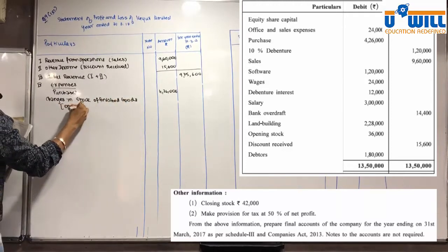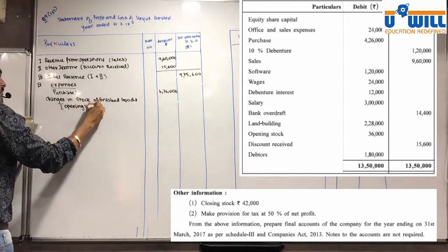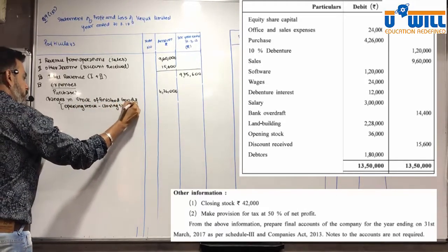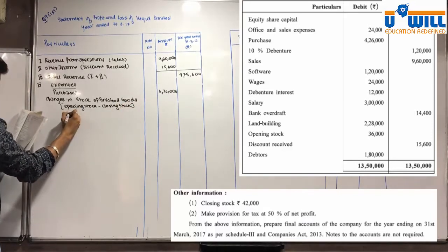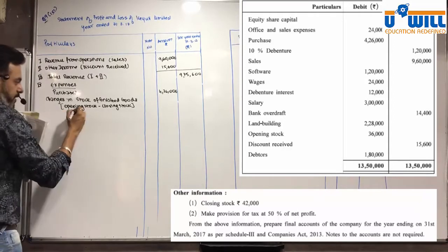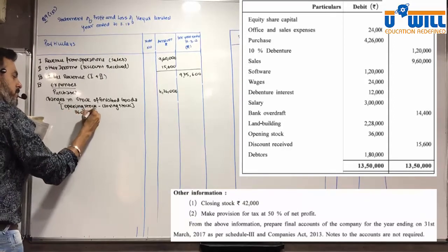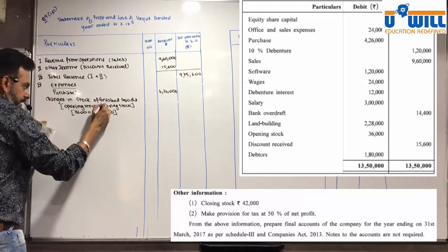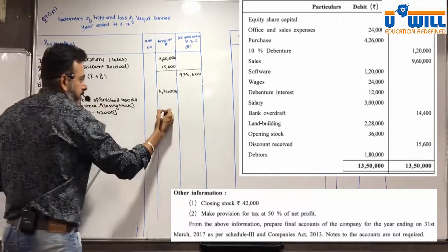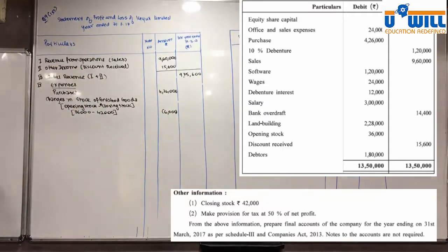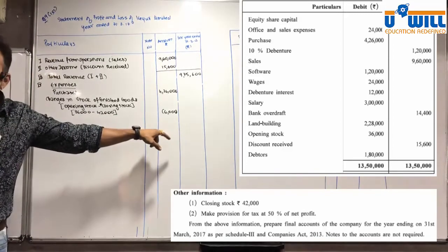Opening stock minus closing stock, which is opening stock is 36,000 minus closing stock is 42,000, negative. So we'll write in the bracket 6,000. Bracket means negative. Understood this?